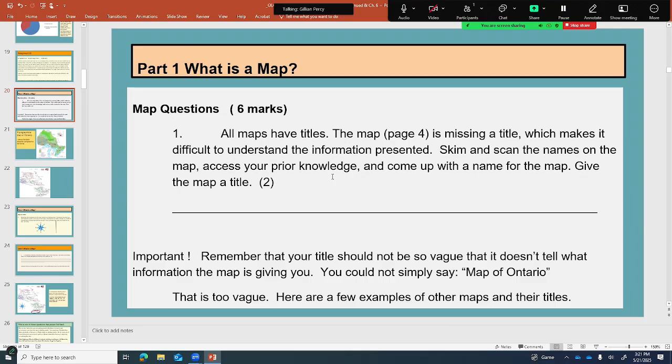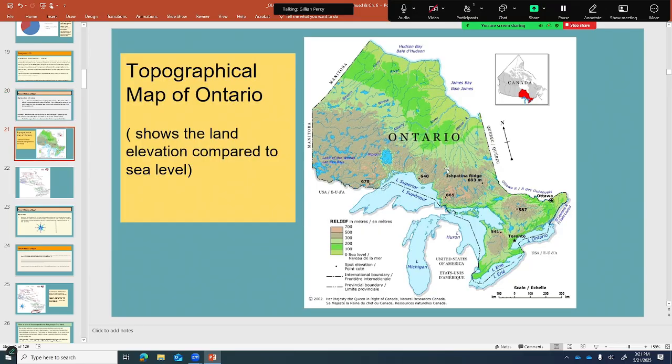Okay? Here are some examples of other maps and what they show. So this is what we call a topographical map, and that means that it shows how high the land is compared to sea level.